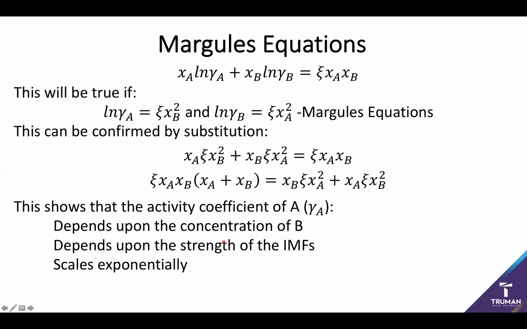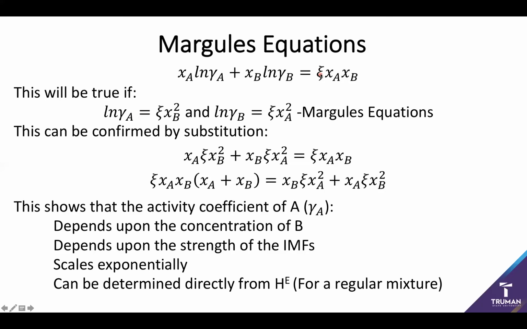And this is actually a really kind of important idea because it really helps illustrate how we can behave like a pure solvent for quite a while. We can follow Raoult's law often fairly far into the mole fraction regime, and then suddenly we really don't adhere. And this is all based on that exponential scaling. Finally, and this is actually really cool, we can determine this strength of interaction directly from the enthalpy of excess.